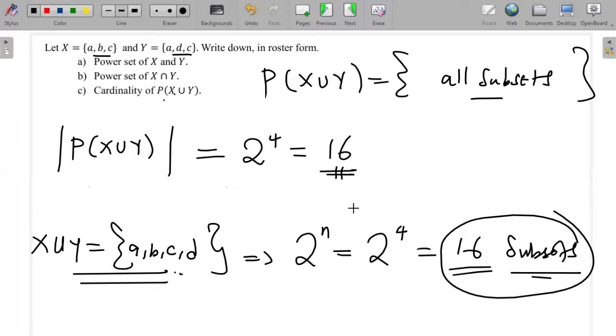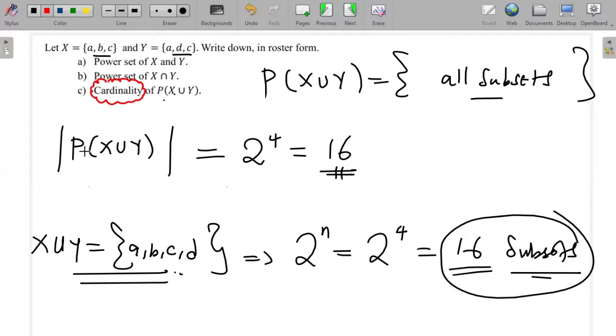Okay, so part C, we have been asked to find what we call the cardinality. You've seen this word cardinality here. Cardinality simply means the number of elements that are going to be in that set.